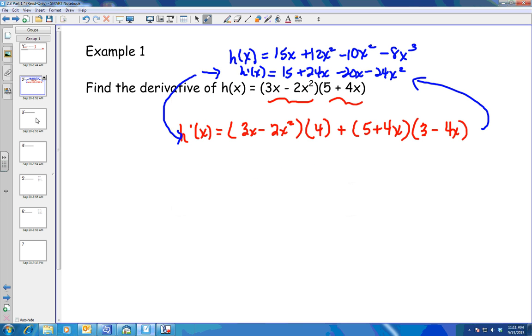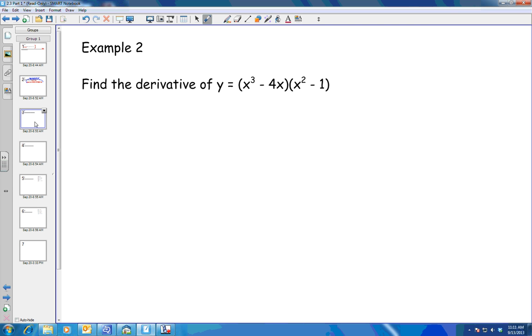All right, so let's do another one. Find the derivative of y equals x, the quantity x cubed minus 4x, times the quantity x squared minus 1. So I'm going to do this using the product rule. So here's my first term, here's my second term. Product rule says first term. So when you write that first term down, you need to put that term in parentheses.